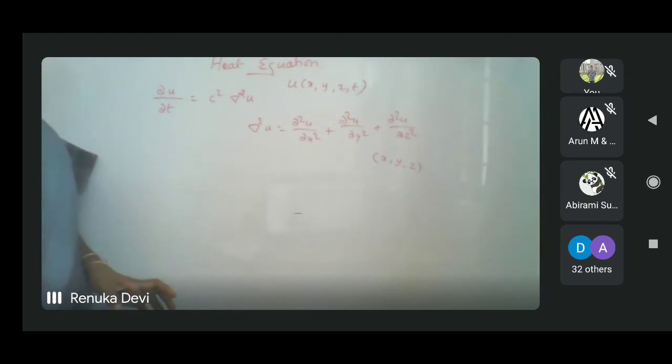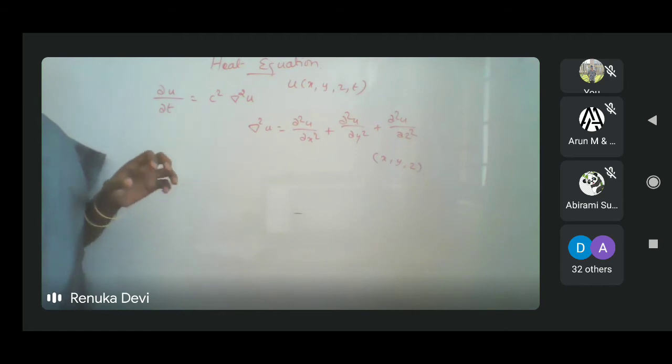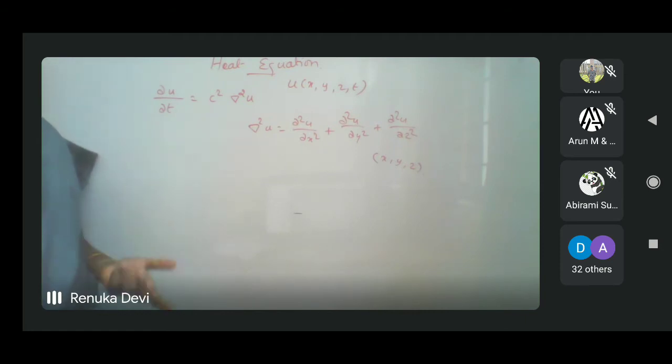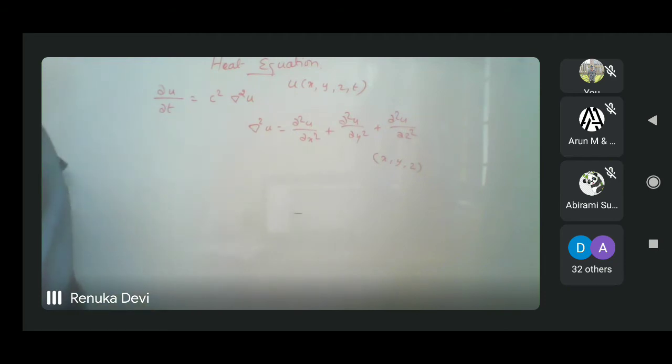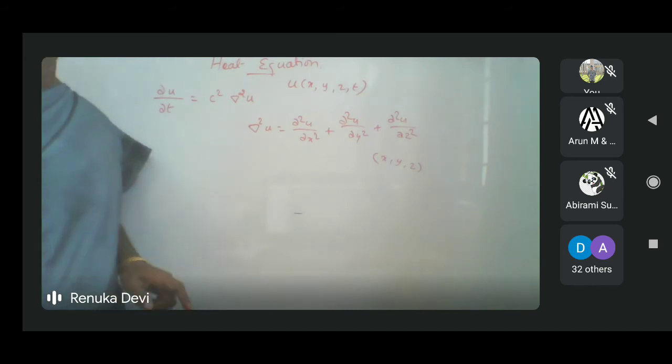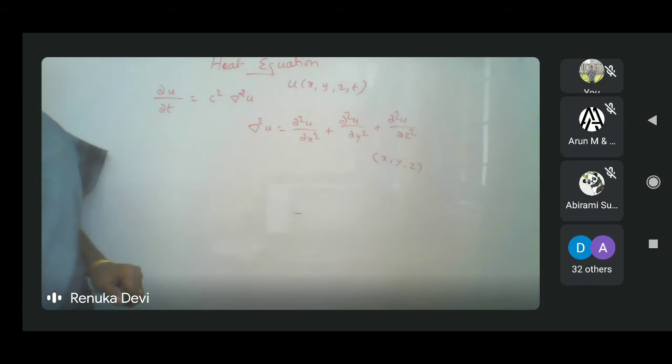If the material is made of wood, the entire thing must be made of wood. If it is metal, the metal is unique, it may be copper or iron, but not a combination of copper and iron. Homogeneous means it is made of a unique material.